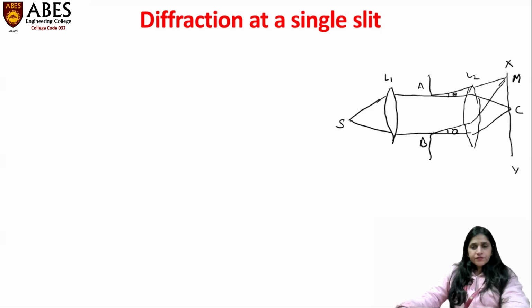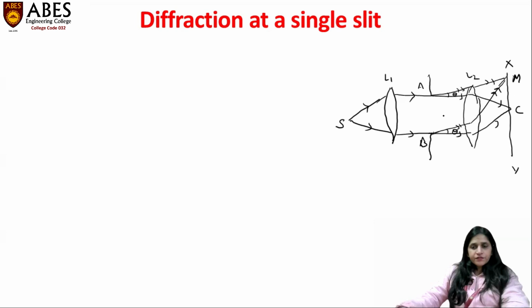So if we get the path difference between the two rays, we can easily calculate the positions of the maximas and the minimas. Suppose the single arrow is showing that the light is not bending, and the double arrow is showing the ray that is bending at an angle theta.